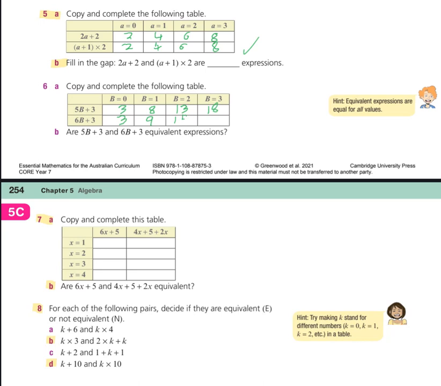That's 15. And that is 21. Are they equivalent expressions? No, because they are different from column to column. This column was the same, so when they're 0, they're the same, but when they're another number, they are not the same. For them to be the same, they need to be the same in every single column, just like in that previous question.